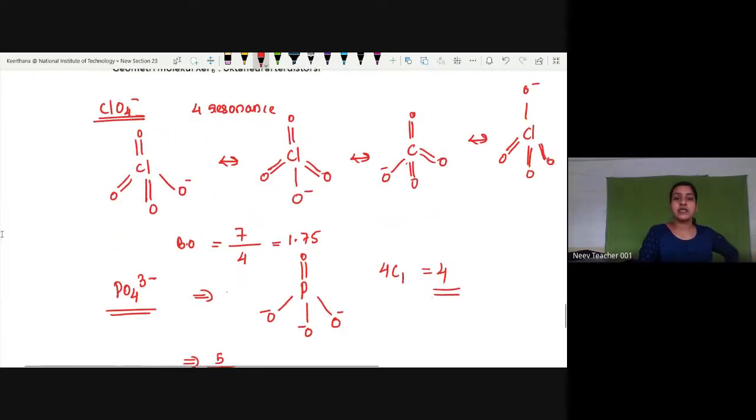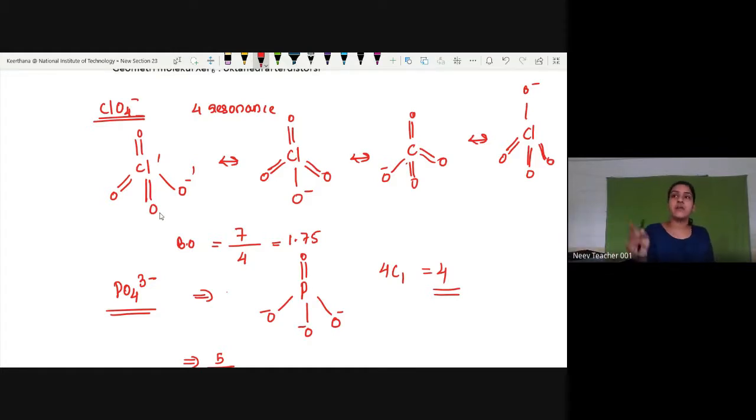In this case, there is only one sigma bond and all others are double bonds.